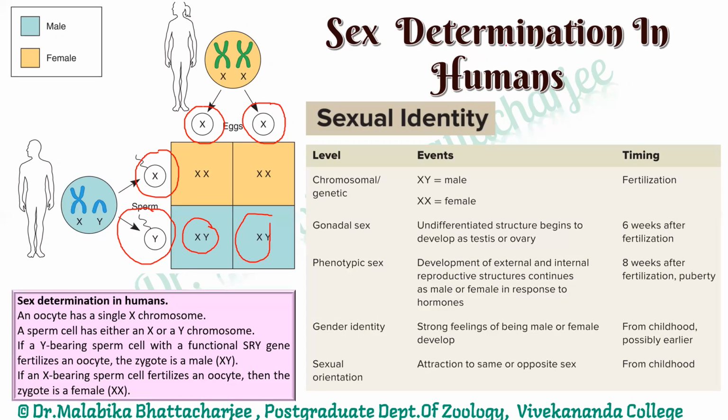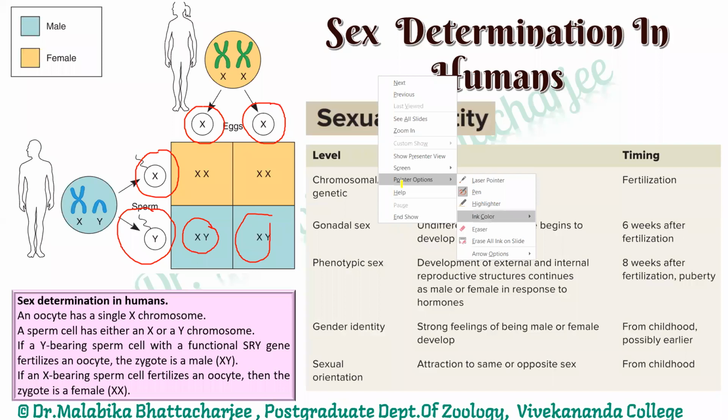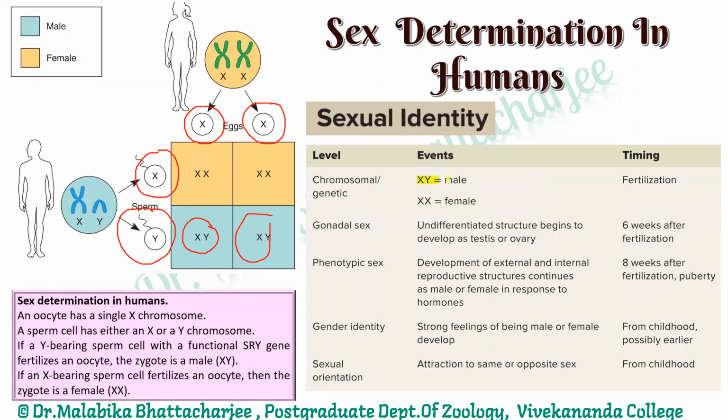Now, certain events are important with respect to the development of the human embryo. If we look at the genetic material, XY is male and XX is female. When we talk about the gonadal sex, undifferentiated structures begin to develop as testes or ovaries.